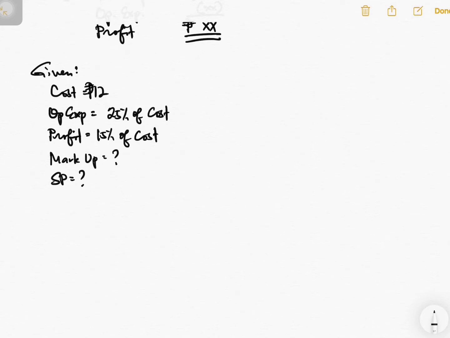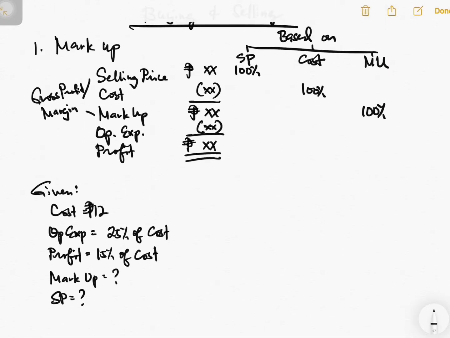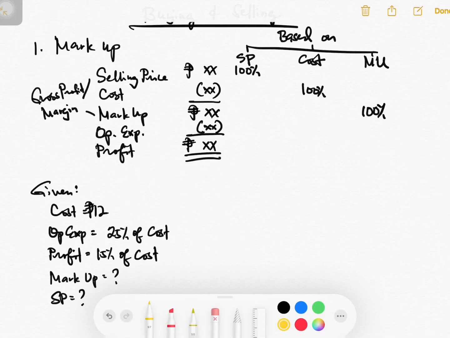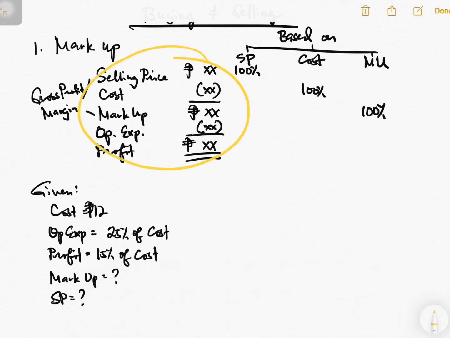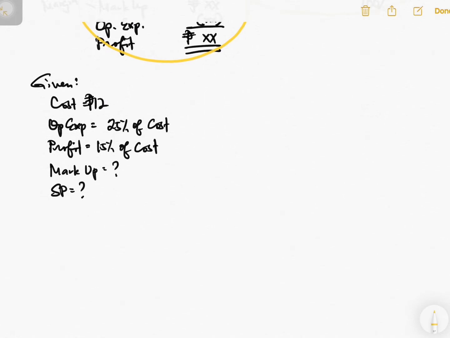So set the formula. The formula again is this. Let me use a different color. This is the formula. So let's set selling price, then minus cost to get your markup, minus your expense to get your profit. So you are given the cost.